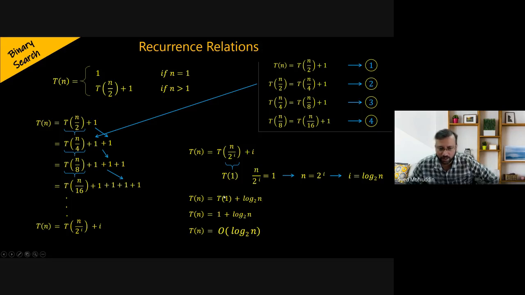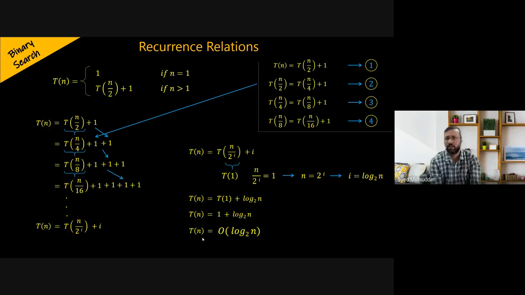And T of 1, when n is equal to 1, is nothing but 1. So T of n equal to 1 plus log of n, which means the function T of n is O of log n.